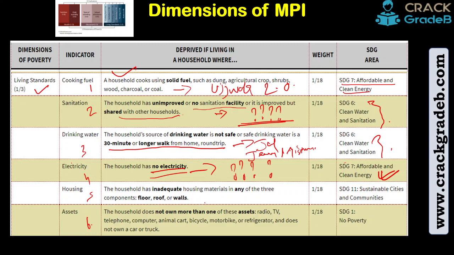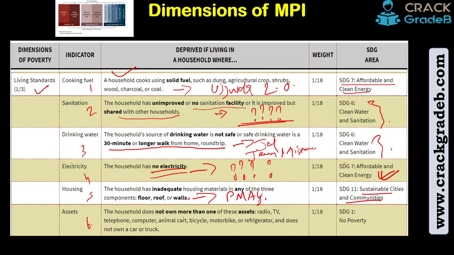Then housing. The household has inadequate housing material in one of the three components: roof, floor, or wall. So again, this has a government scheme, Pradhan Mantri Awas Yojana. And this caters to sustainable cities and communities, SDG 11. Okay, assets.